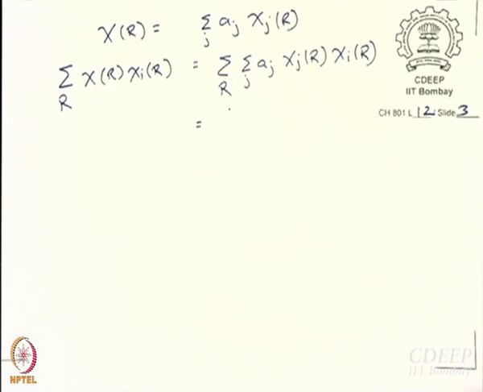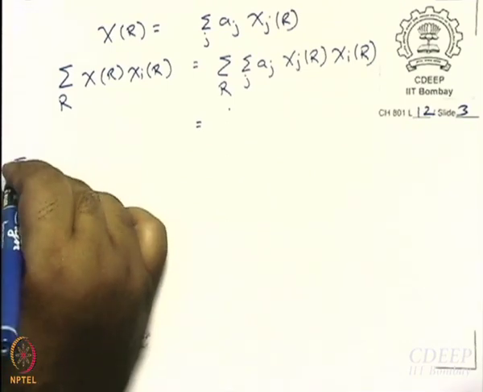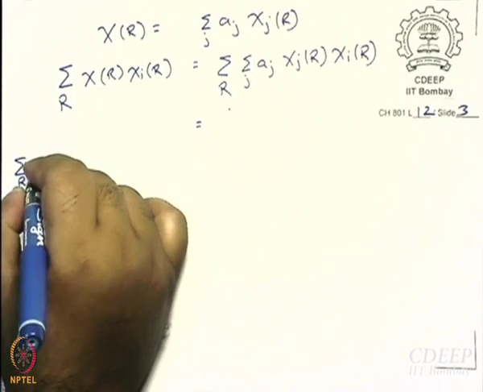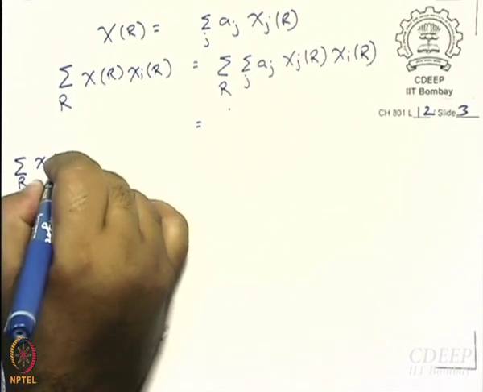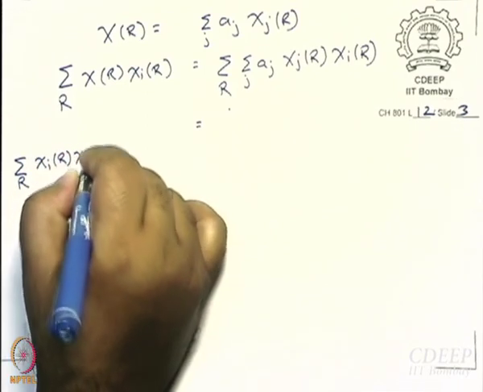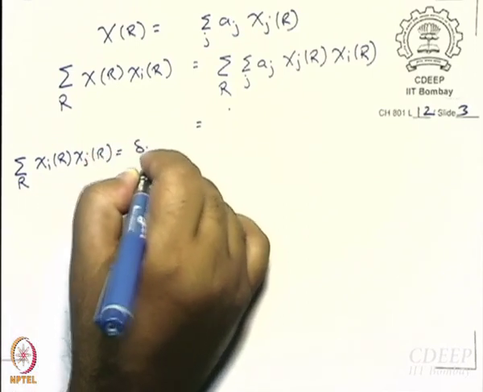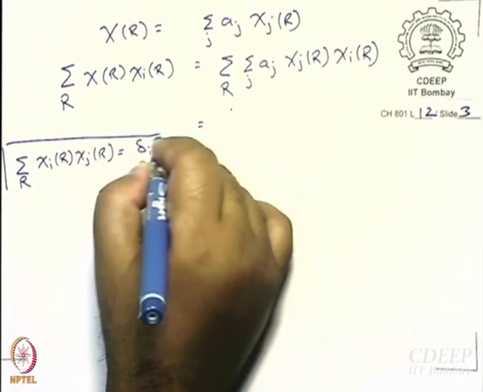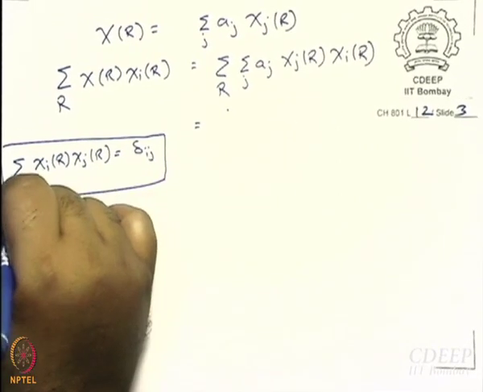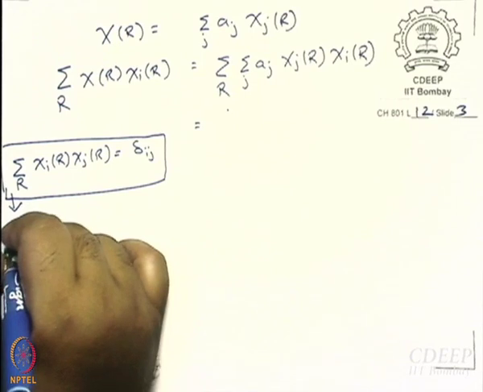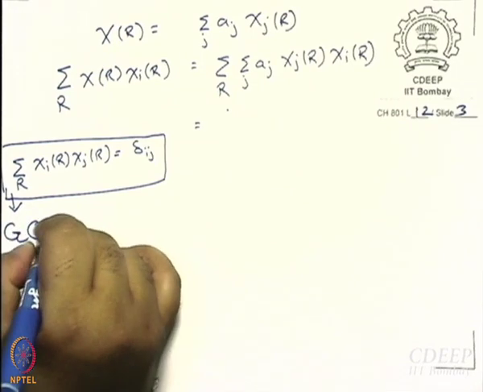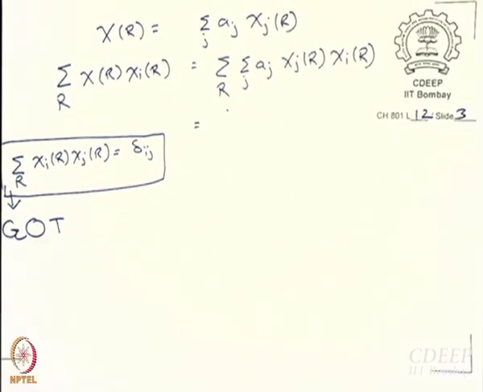What does the great orthogonality theorem tell us? Does it not say sum over r chi I of r chi j of r equal to delta ij? Is this not a consequence of... do not insert an a before the t?